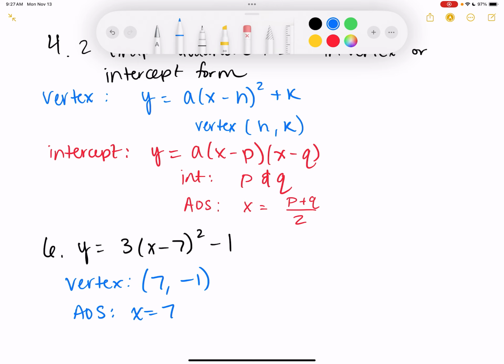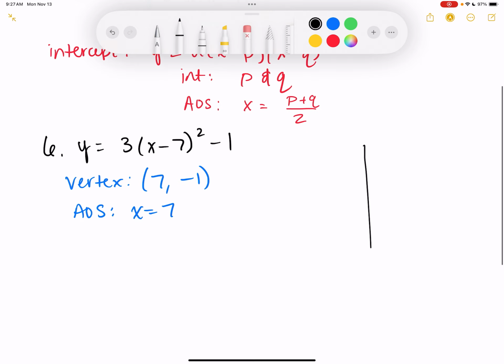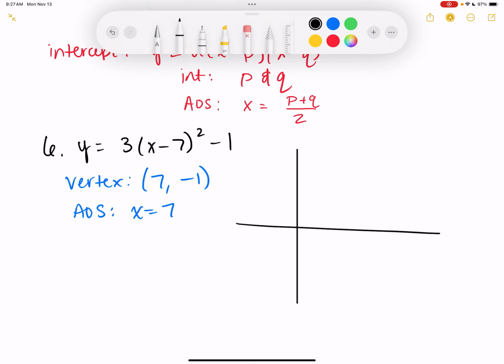So what does this one do? Up. Okay, so graphing the same way.